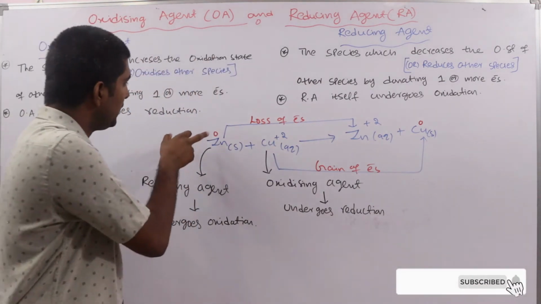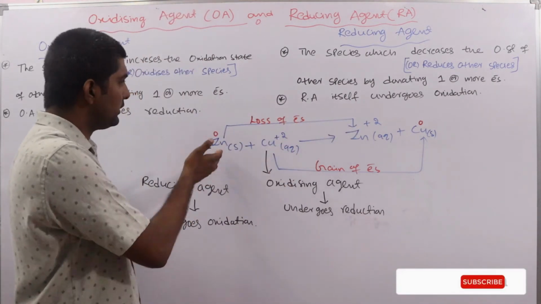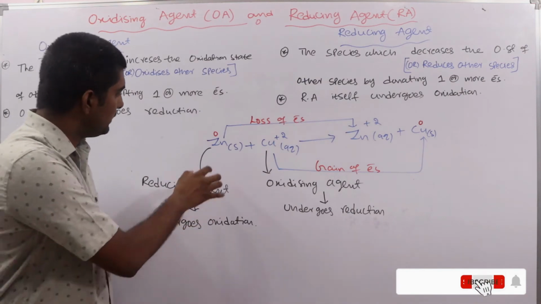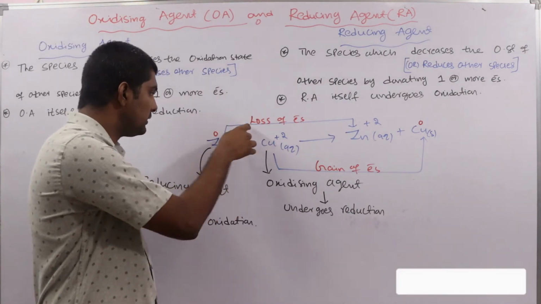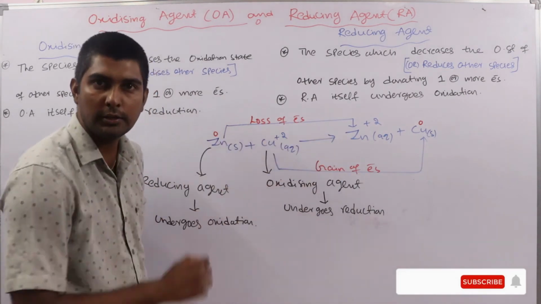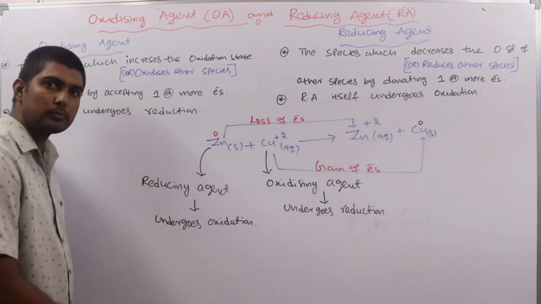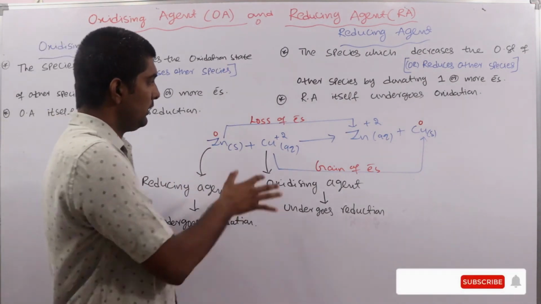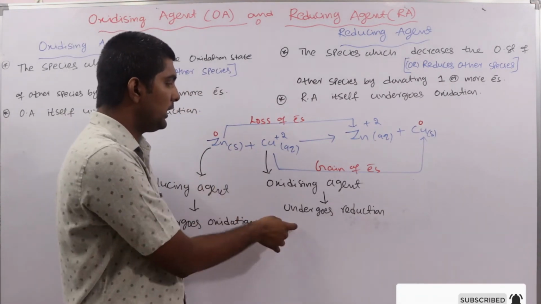Yes or no? Here it is changing from 0 to plus 2, oxidation state increased, means this is undergoing oxidation. This is undergoing oxidation means the electrons lost by zinc are gained by the other species, so that undergoes reduction. So that's why zinc is a reducing agent. Next here plus 2 to 0 means it is undergoing reduction.